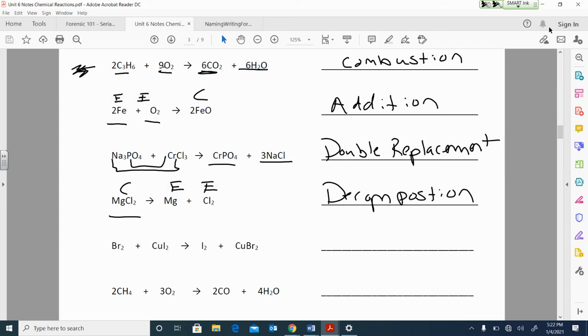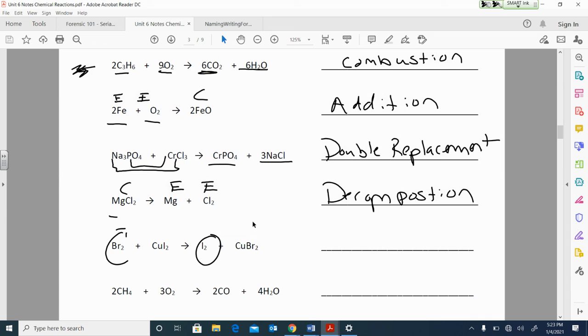Okay. Now we have an element. This is an element. This is a compound. This is an element. This is a compound. So that is an element and a compound on one side, and an element and a compound on the other side, but the element is different on both sides.